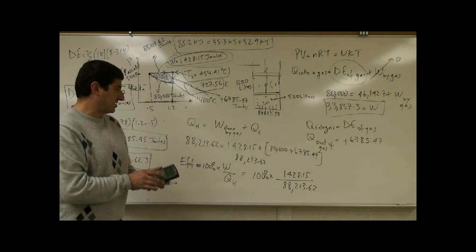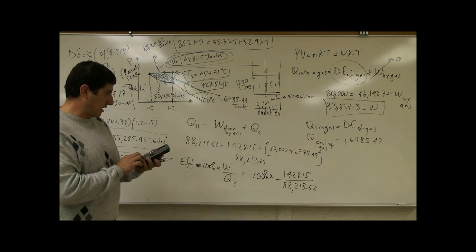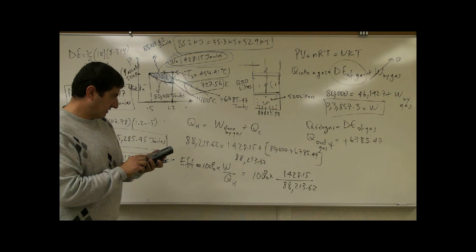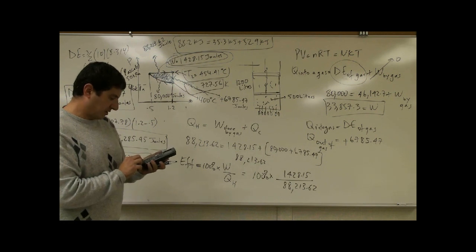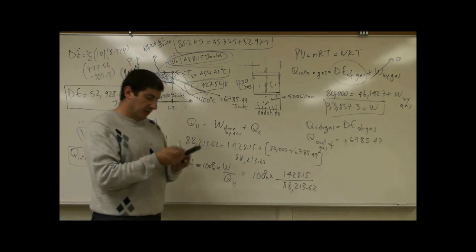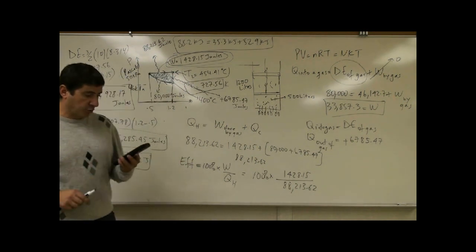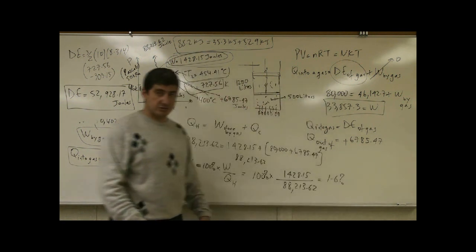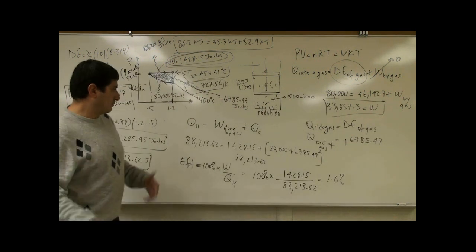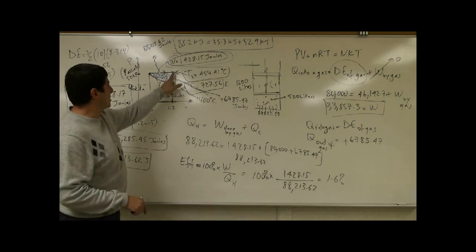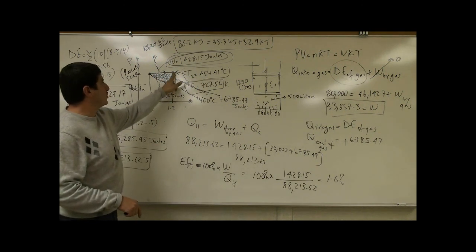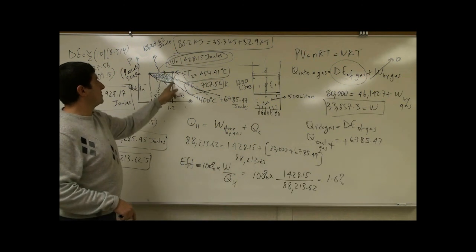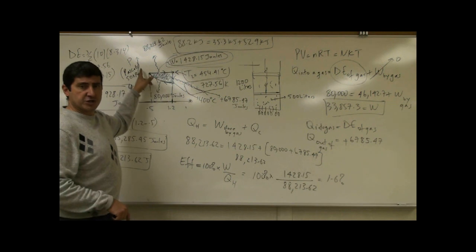How much efficiency is that? 1,428.15 divided by 88,213.62, multiplied by 100, is 1.6% efficiency. So not very efficient, okay? The major reason is that there isn't much temperature difference between 454 and 400. It starts at 30, goes to 454, goes down to 400, and then goes back to 30, right?